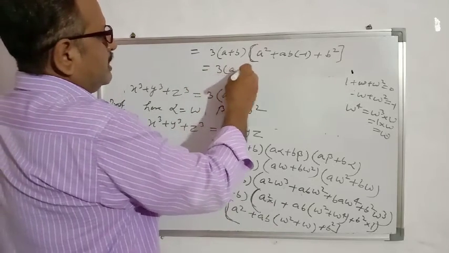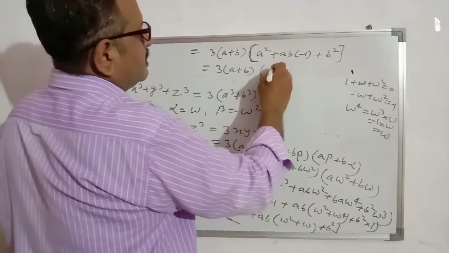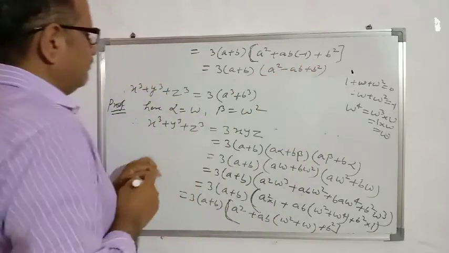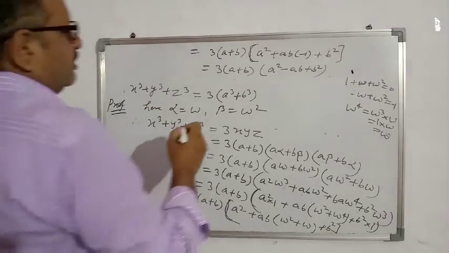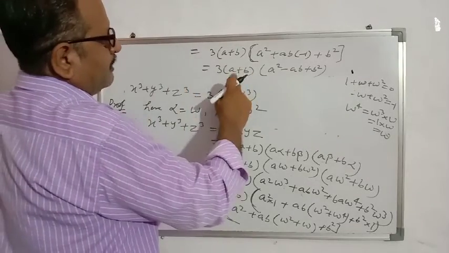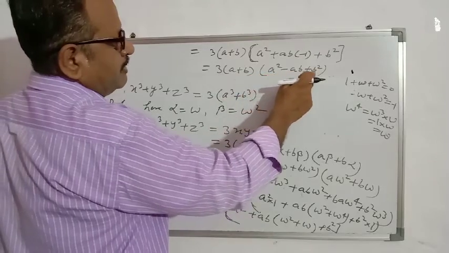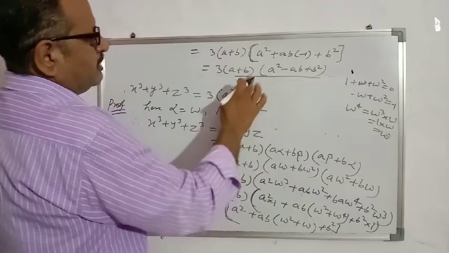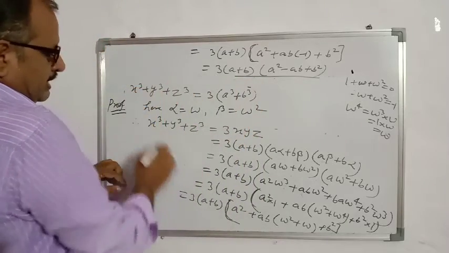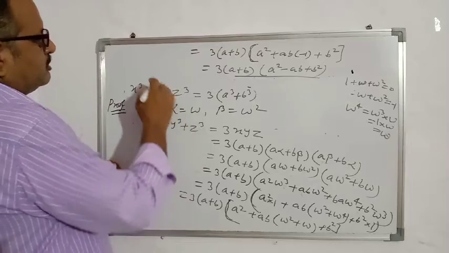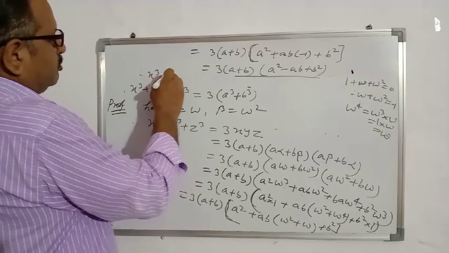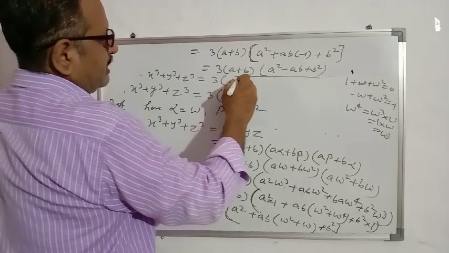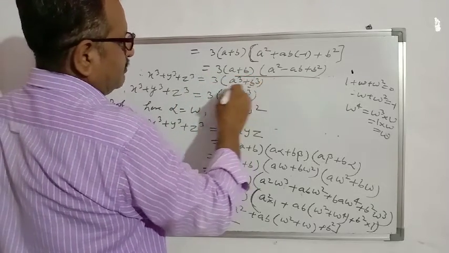So 3 into (a plus b), a square minus ab plus b square. And we know that a plus b into a square minus ab plus b square is a cube plus b cube. Therefore x cube plus y cube plus z cube is equal to 3 in bracket a cube plus b cube.